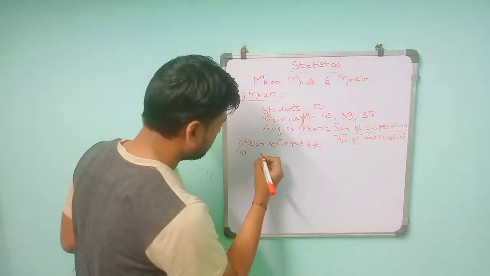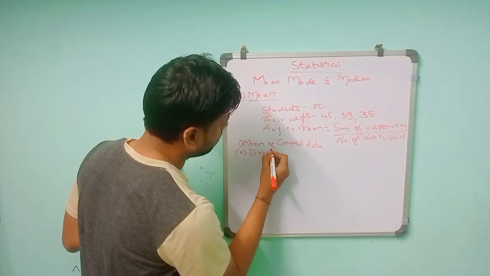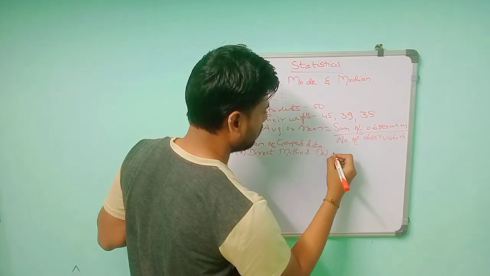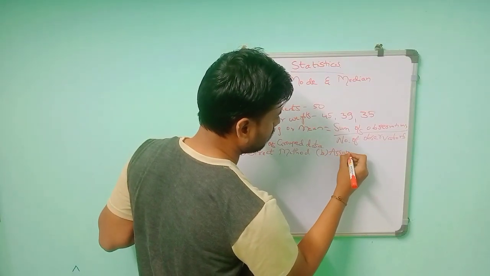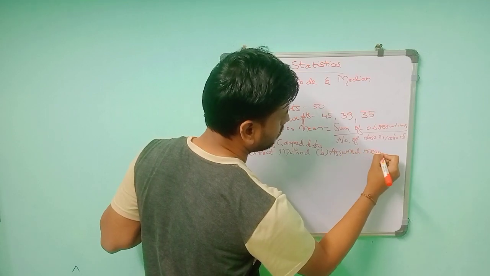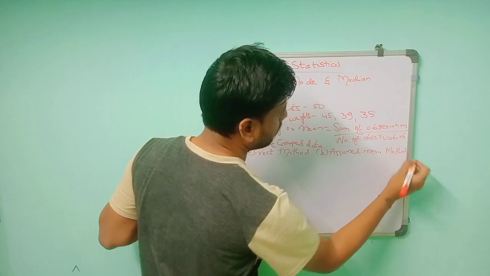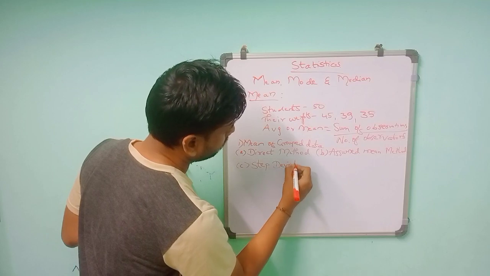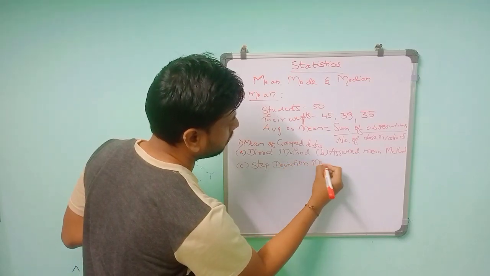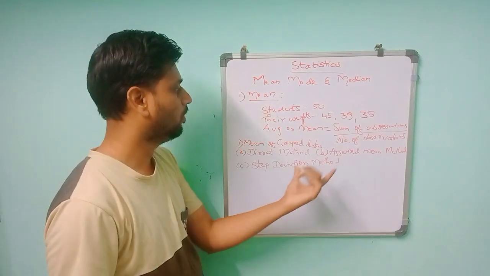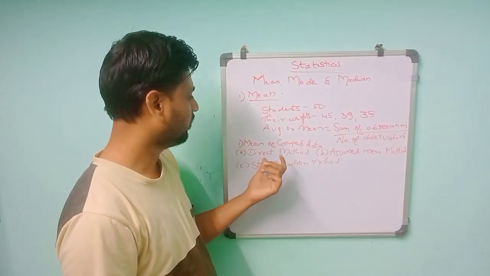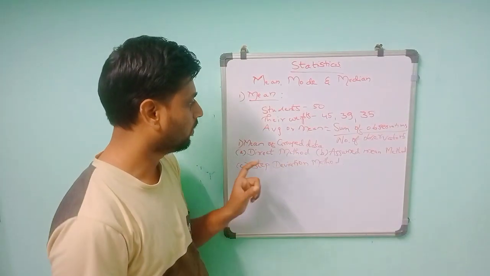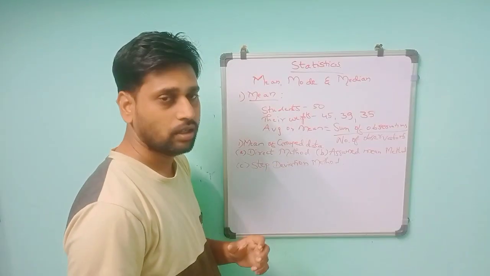The direct method, second the assumed mean method, and the last one is the step deviation method. If you do the calculation by all three, you will get the same answer. They are different in their structures, so you can learn them one by one.